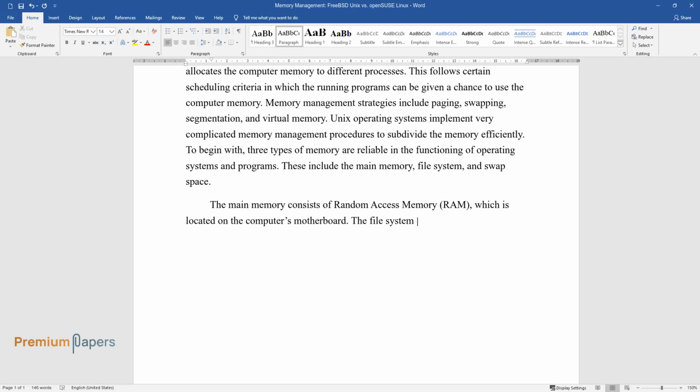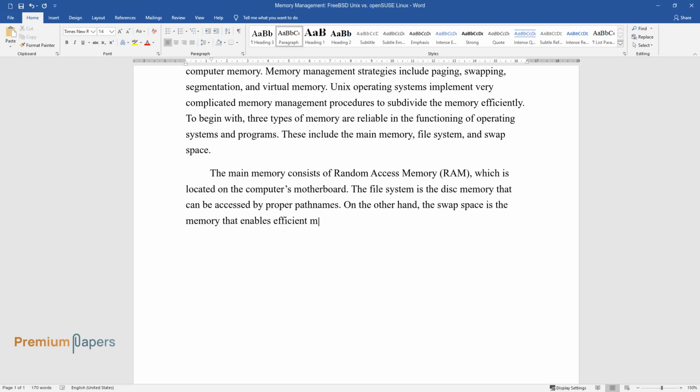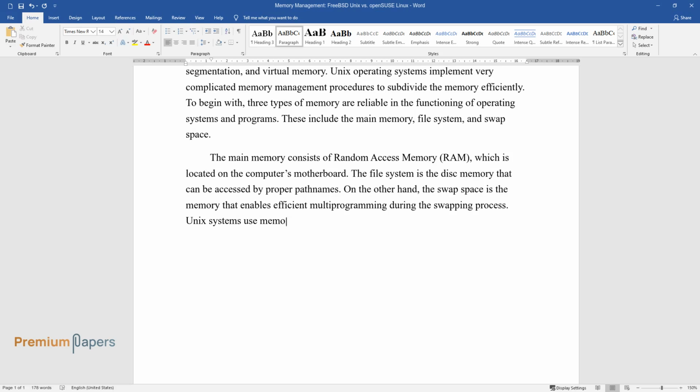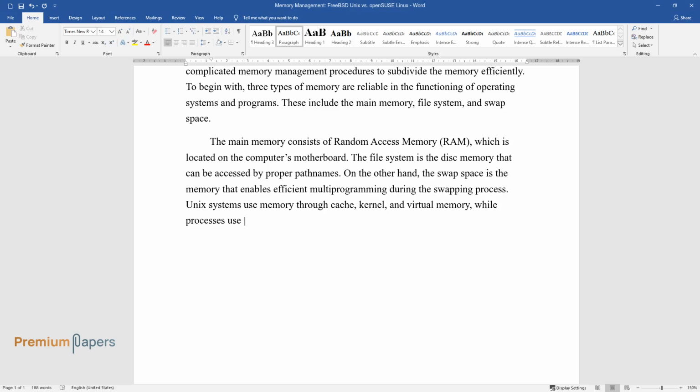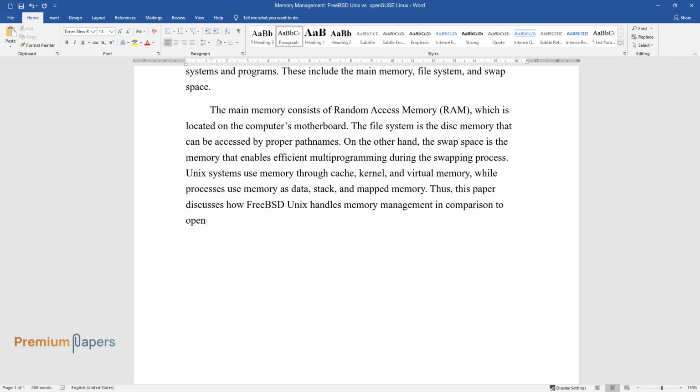The file system is the disk memory that can be accessed by proper path names. On the other hand, the swap space is the memory that enables efficient multi-programming during the swapping process. Unix systems use memory through cache, kernel, and virtual memory, while processes use memory as data, stack, and mapped memory. Thus, this paper discusses how FreeBSD Unix handles memory management in comparison to openSUSE Linux.